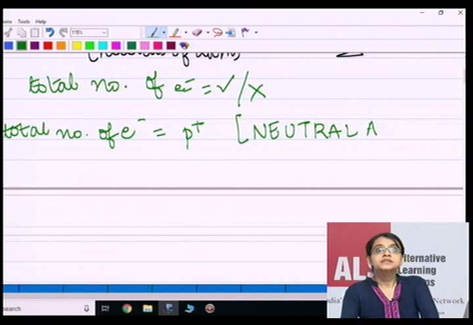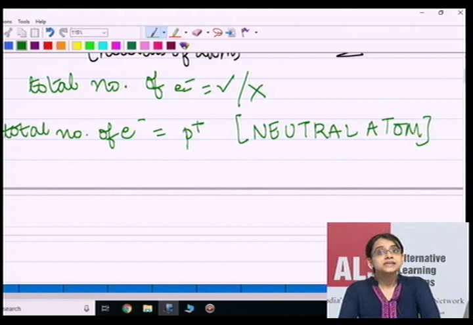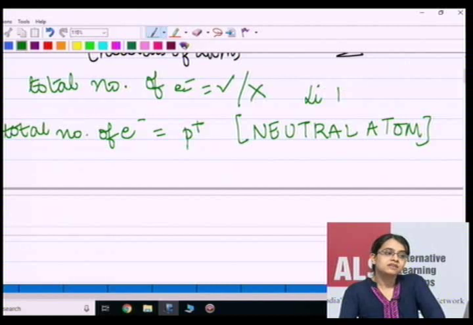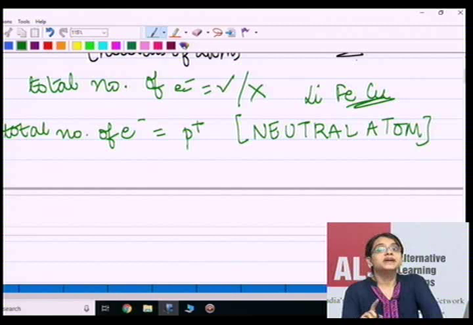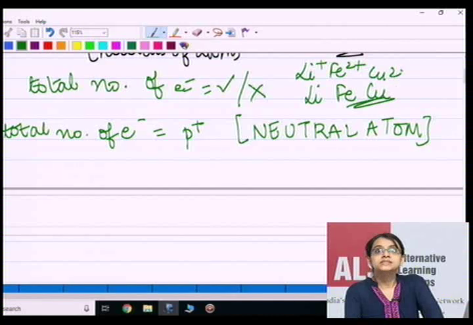Okay, this means I have an atom that doesn't have any charge on it. Which means it's okay if I have Li, if I have Fe, if I have copper, etc. But if I have an ion forming like Li+, Fe2+, Cu2+, then this statement is wrong. Okay?